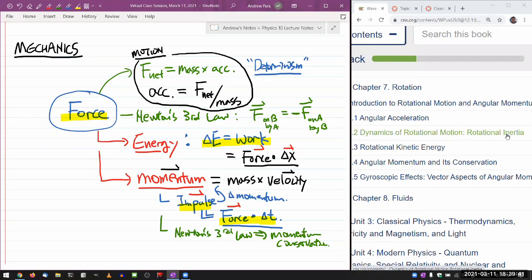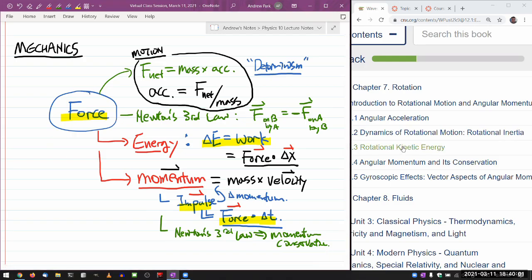And I guess that word analogy is, I think, the key to understanding rotational things. So many things in rotation have an analogy to things that we cover in linear motion. And that analogy, at least for me, really helped me get a handle on a lot of things.